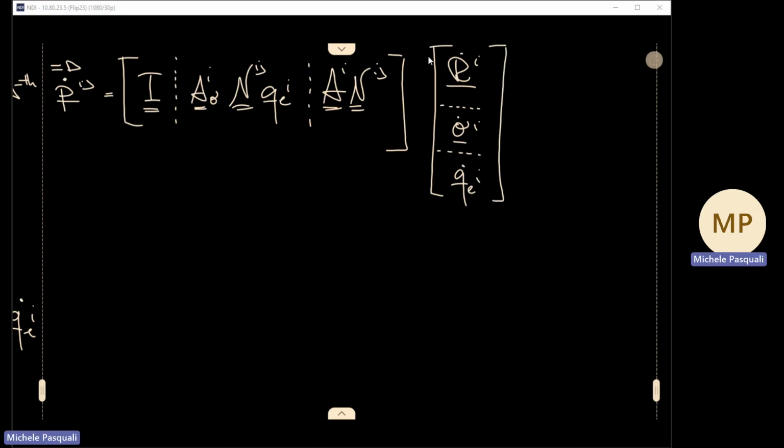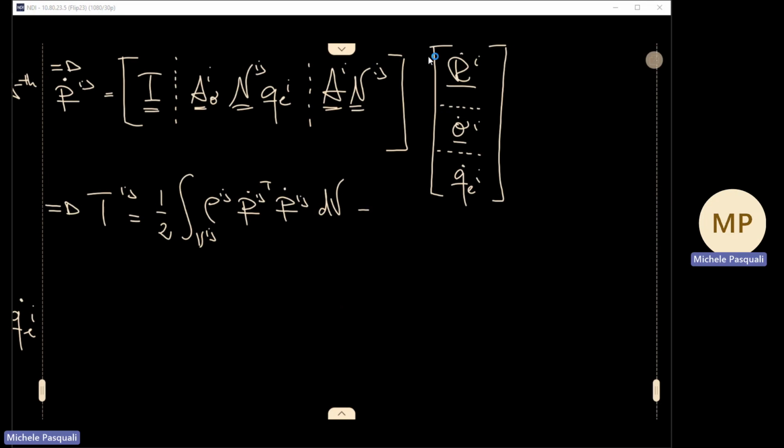With this in mind, as we have already done, the kinetic energy K I J is one half of the integral over the volume V I J of rho I J, P dot I J transposed applied over P I J dot, over dV.